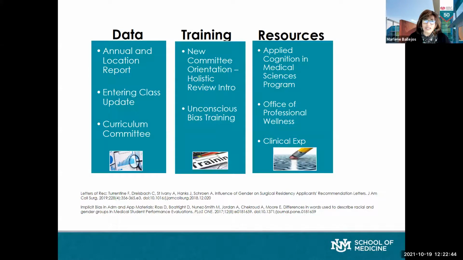And so that's always an important question for our admissions committee. Will they practice here? Of course, you never know, but our location report helps us to see where our graduates actually practice. And then we have information and data from our curriculum committee about what types of support they have for the students. We also have a member of the curriculum committee that serves on our admissions committee.